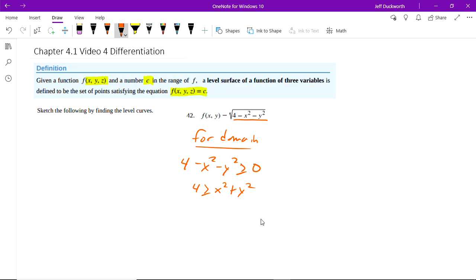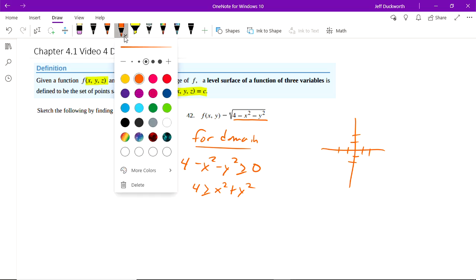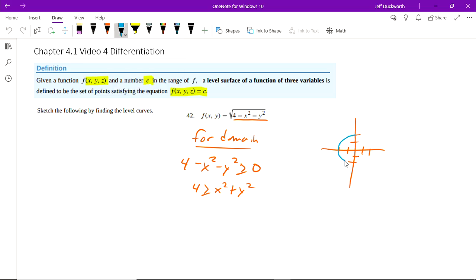And this would basically just give us a circle with a radius 2. So that's going to be the outer. So essentially, we're looking at something like this for our range. So our domain is gonna be that.